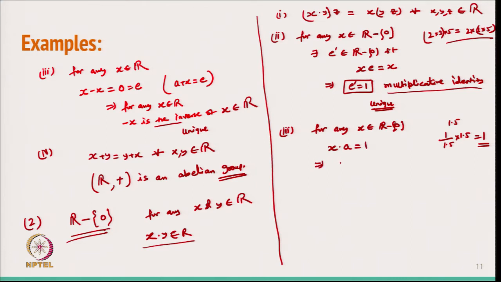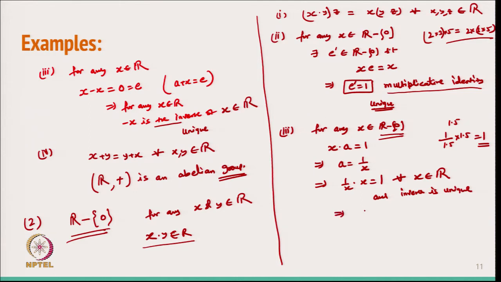So, from here I know that my A can be written as 1 over x, because x is not 0. That is why we always exclude the value 0 from here, because if I take 1 over 0 it is infinity, and infinity is not a real number. So, that is why it does not belong to this set, and that is why we always take R minus 0. So, A is equal to 1 by x. From here I can say that 1 by x into x is going to be 1 for all x belongs to the set of real numbers, and this inverse is unique.